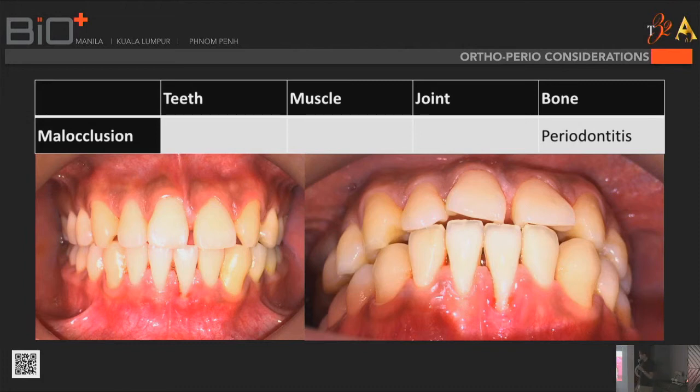So what they're going to do is scaling, root planing, maybe bone grafts and gum grafts. They're going to try to heal this whole scenario. It may heal, but the question is, how long is it going to stay healed? Because by etiology, the pressure that 3-1 is receiving is too much from what is coming from 1-1 and 2-1.